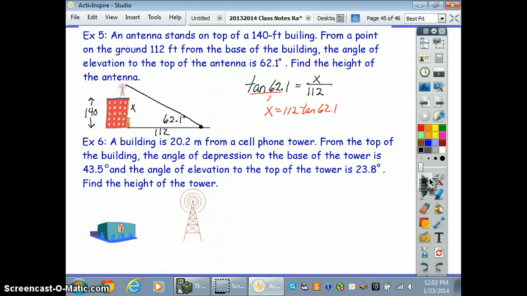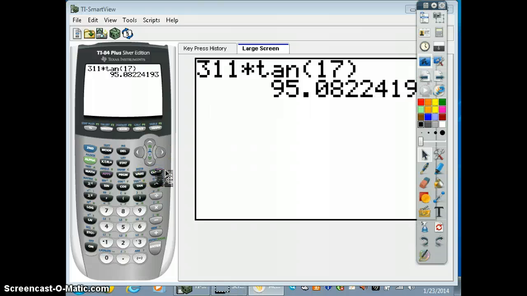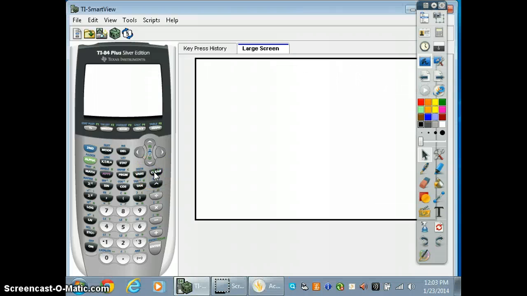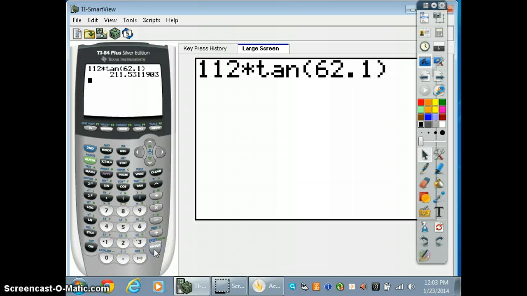Putting that in our calculator. Okay, so what was that again? 112 times the tangent of 62.1. Okay, so the building then is, would you say 211.5?